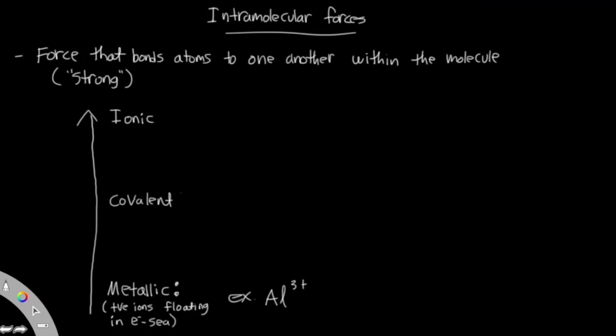Next we have covalent. Covalent is when the electrons are shared. Now this is important here. They could be shared evenly or not evenly. All right, electrons are shared evenly or not evenly with bonds that have a specific direction.